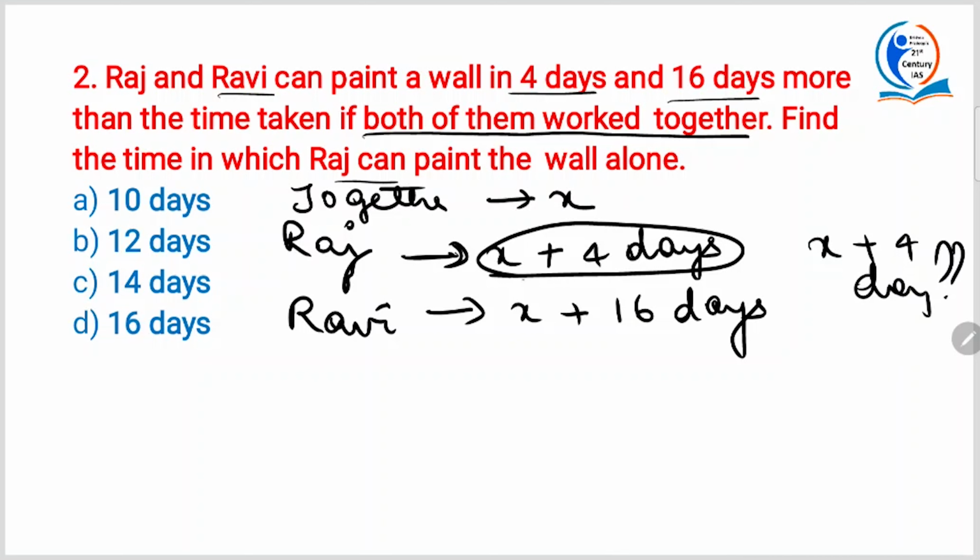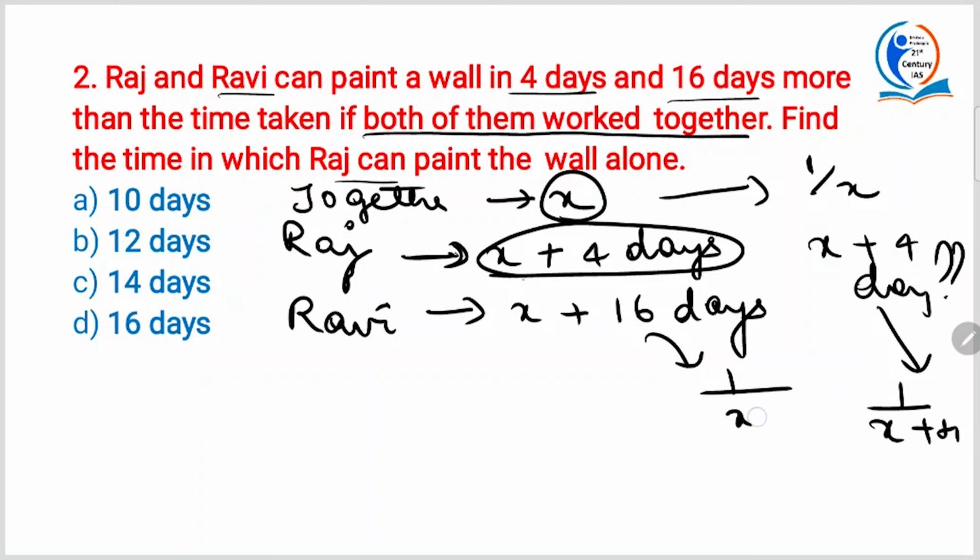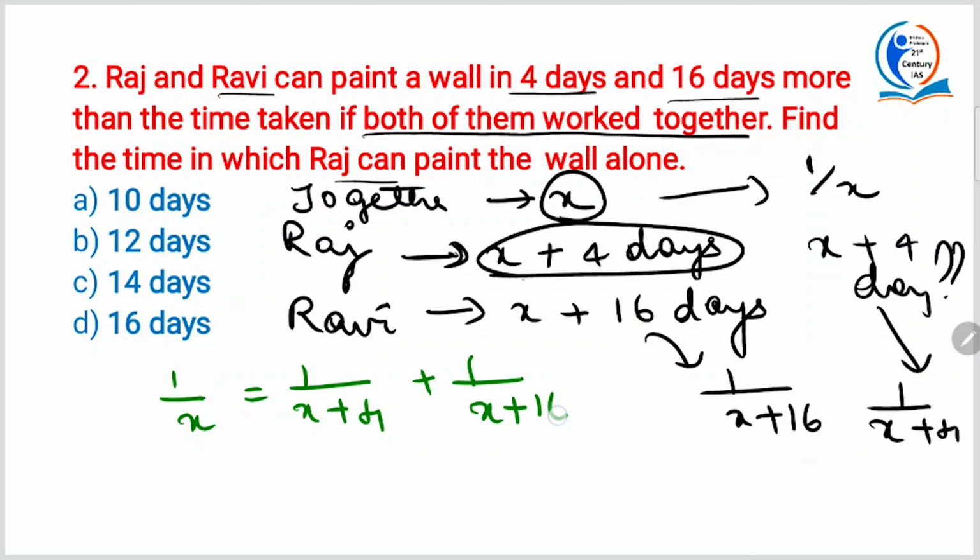Together if they work, they're taking a total of X days, right? So work done in 1 day will become 1 by X. Similarly, Raj's 1 day work, if he works alone, will become 1 by X plus 4. Similarly, Ravi's is 1 by X plus 16. Therefore, 1 by X is equal to 1 by X plus 4 plus 1 by X plus 16.